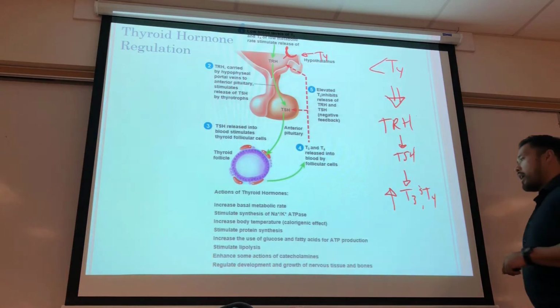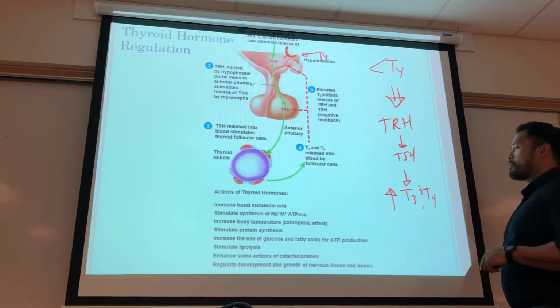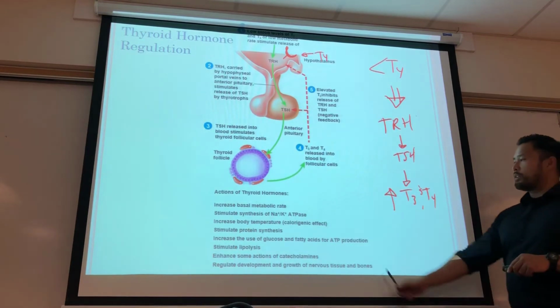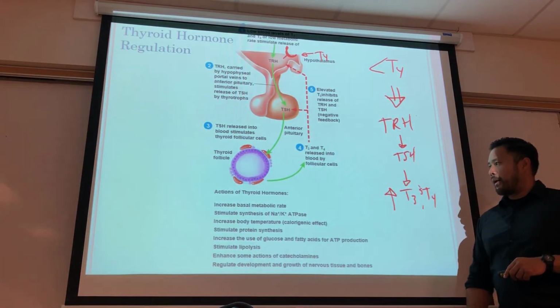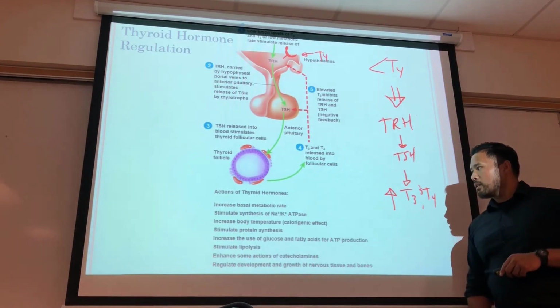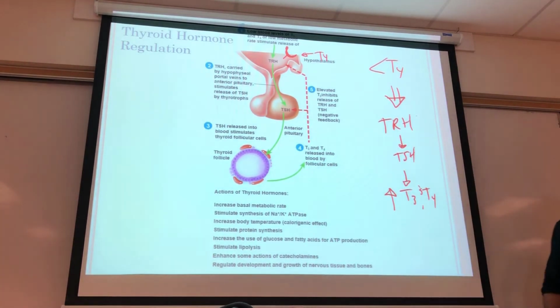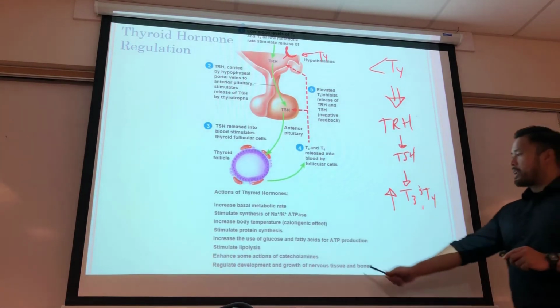So other things that I can point out for our thyroid hormones, things that I haven't already mentioned: increase of body temperature, the stimulating protein synthesis, so we do want to make sure that this is protein sparing. Increase the use of glucose and fatty acids.